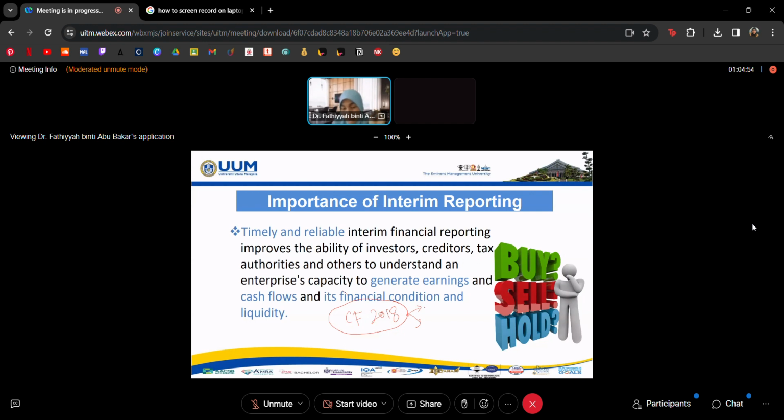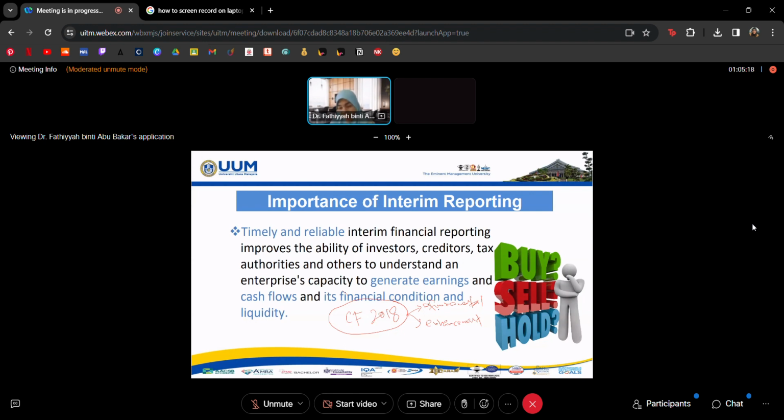In the conceptual framework 2018, they divide into 2, fundamental and enhancement. So sorry, my handwriting is not so impressive. Okay, so there are fundamental and enhancing.